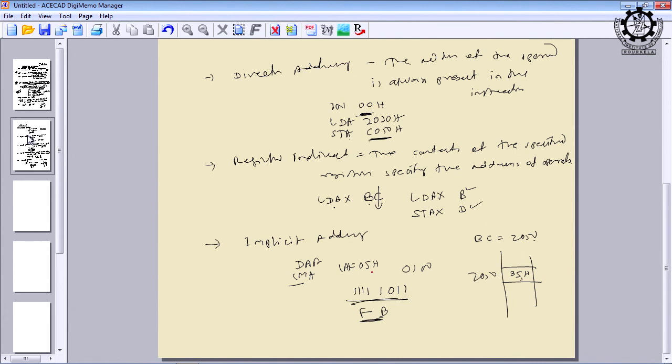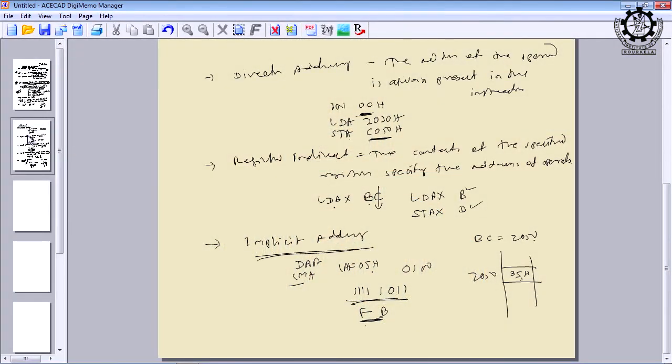Initially it was 05, now after using CMA it became FA, and if you use CMA 2 times you will get back the original data. Here the accumulator is implicit. I am nowhere specifying the operands, but the operand is taken by default as the accumulator, therefore it comes under implicit addressing. That is how to identify which addressing mode a particular instruction belongs to.